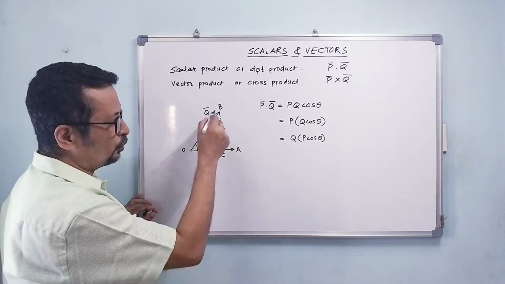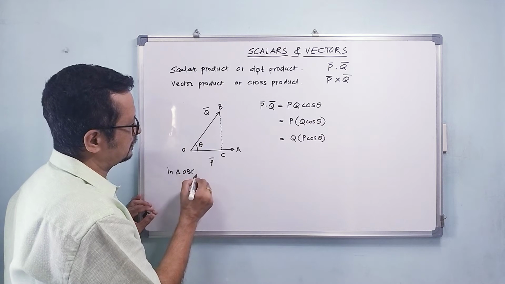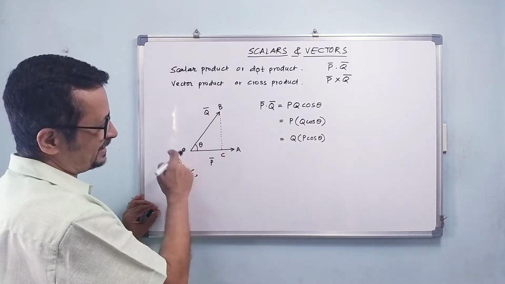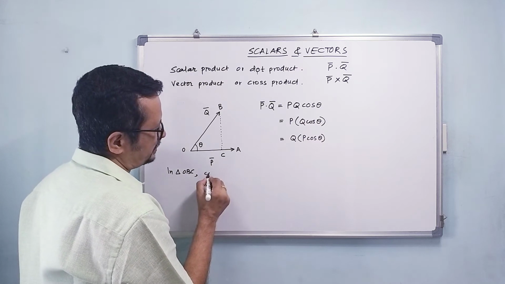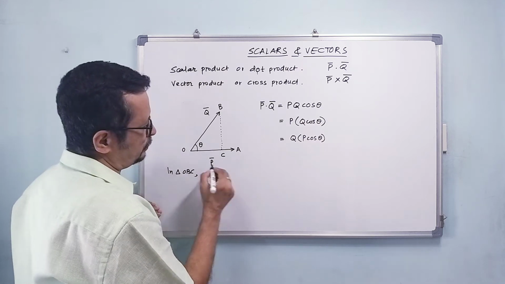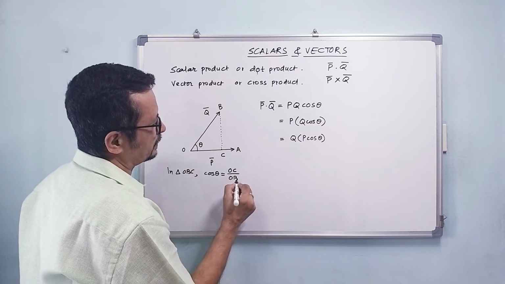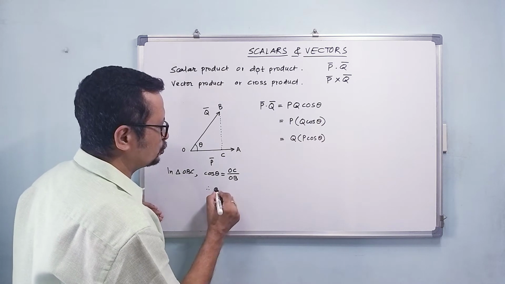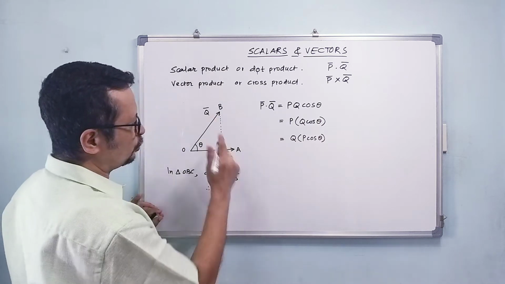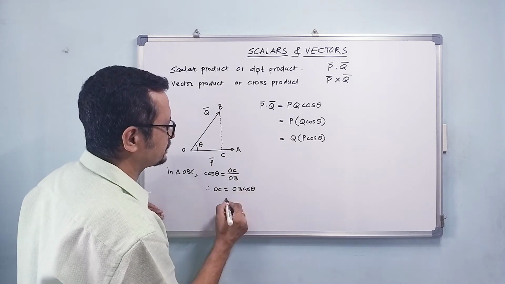In triangle OBC, cos theta is equal to OC upon OB. Therefore OC is equal to OB cos theta.